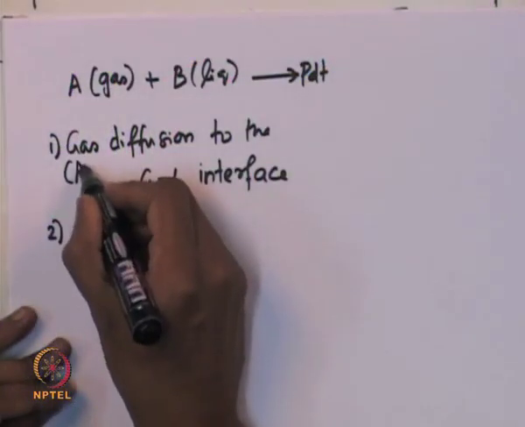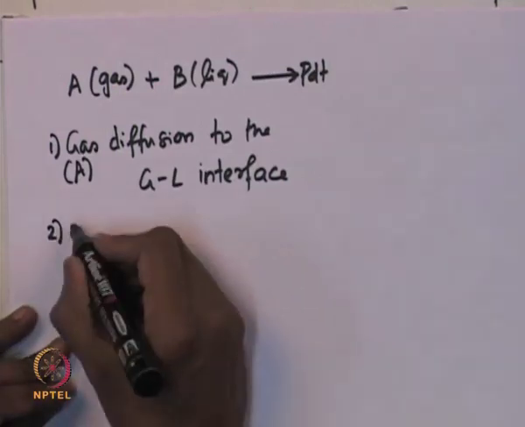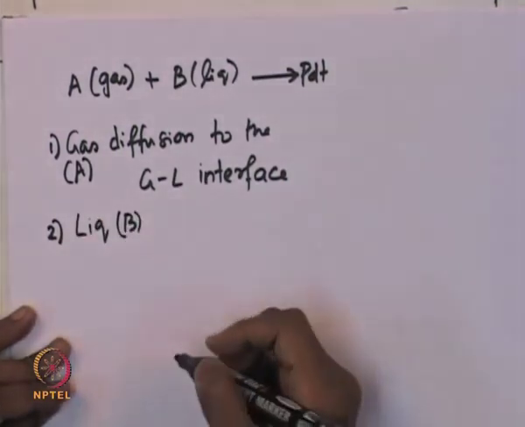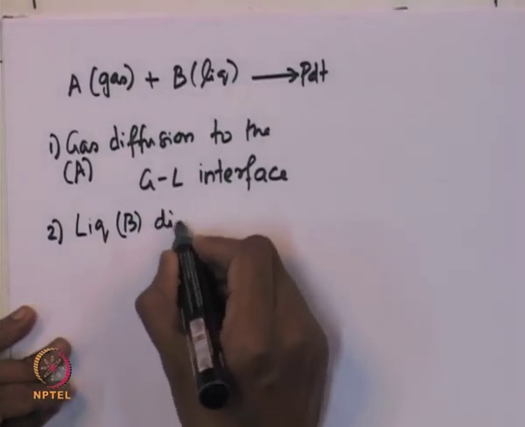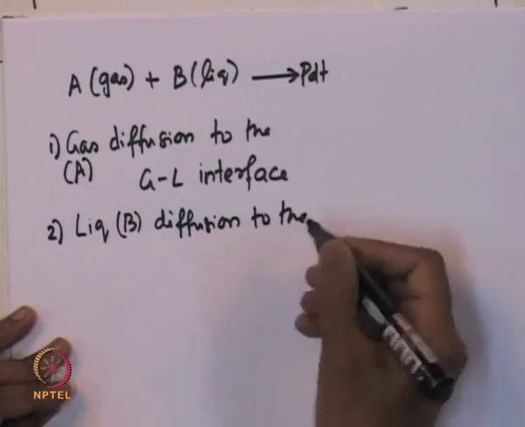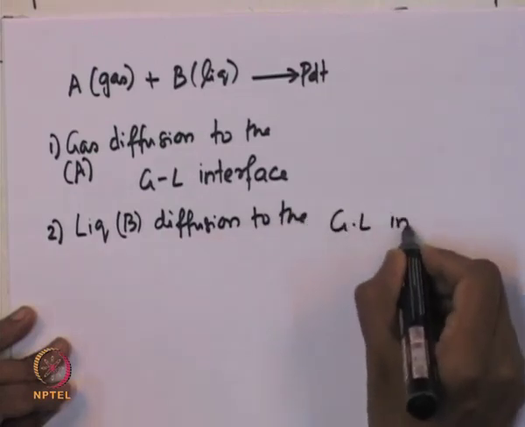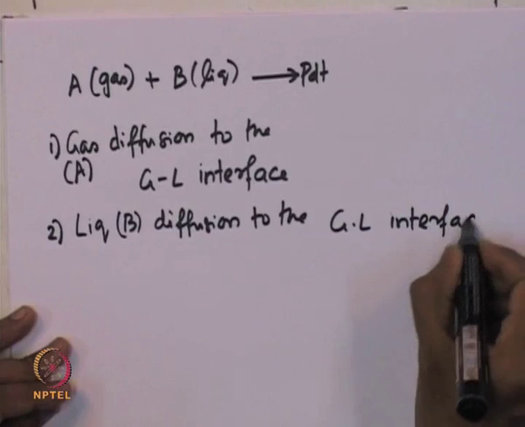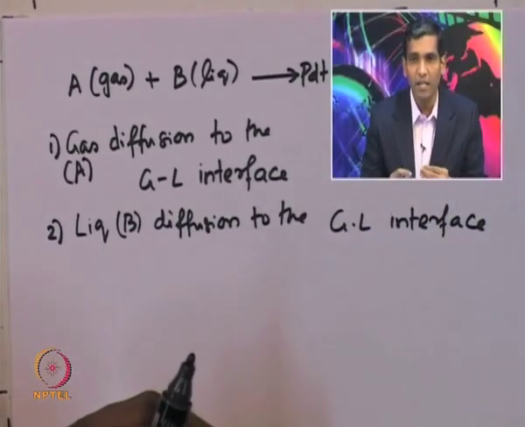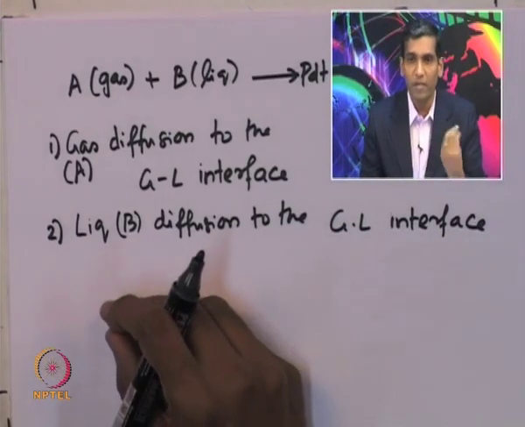This is basically diffusion of species A, and similarly species B has to undergo diffusion. There has to be a diffusion of species B to the gas liquid interface. So, only after these two processes have occurred, the reaction between these two species can occur.